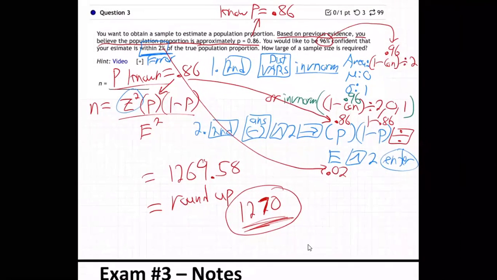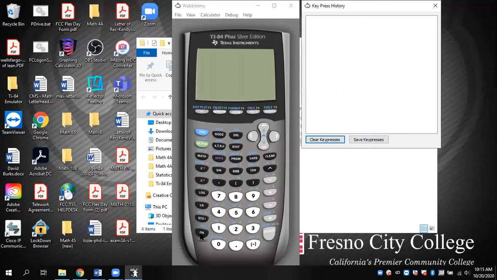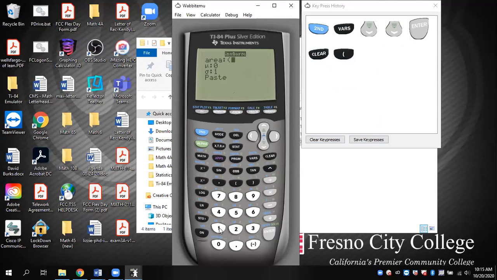Let me show it on my main screen calculator. There we go. So go to second vars, distribution, down to inverse norm. Let's clear this out. Again, parenthesis 1 minus, mine was 96% confidence, so 0.96, parenthesis, divided by 2, and then just hit enter.